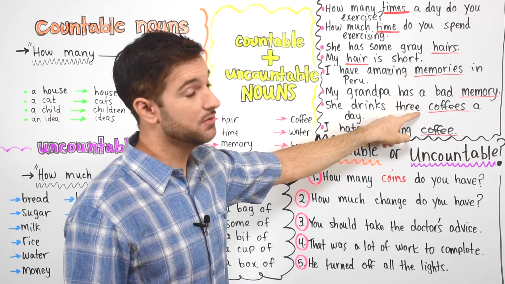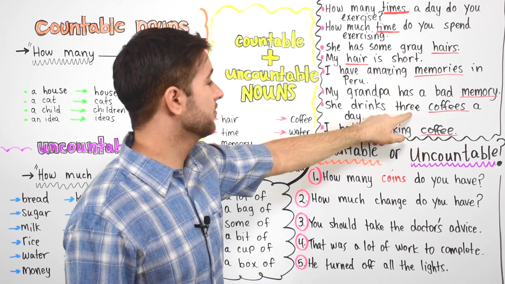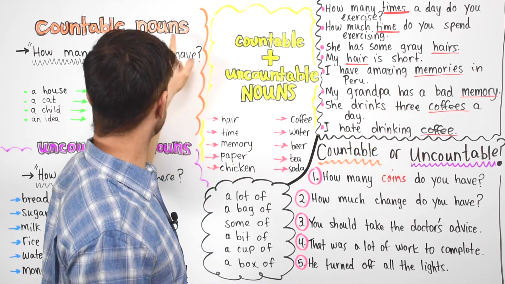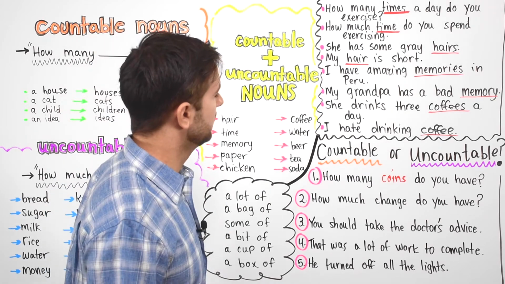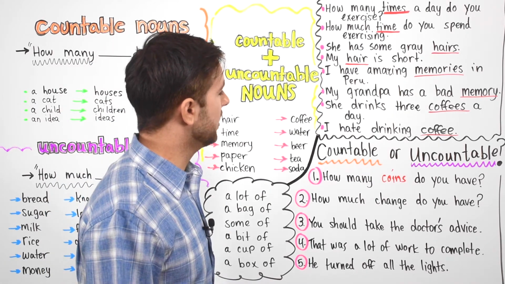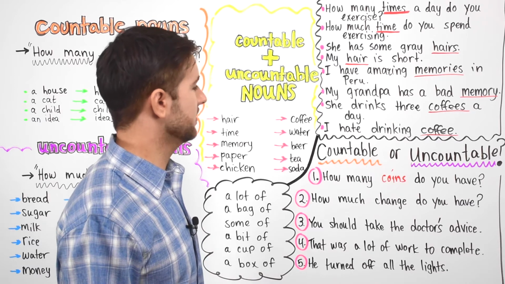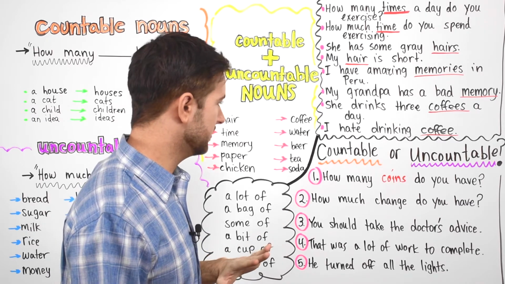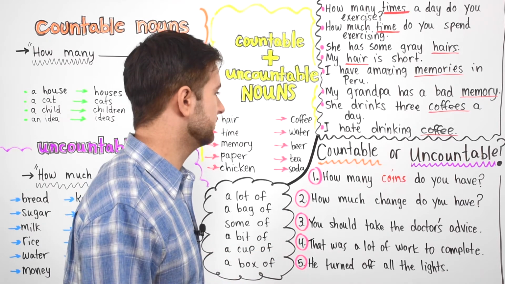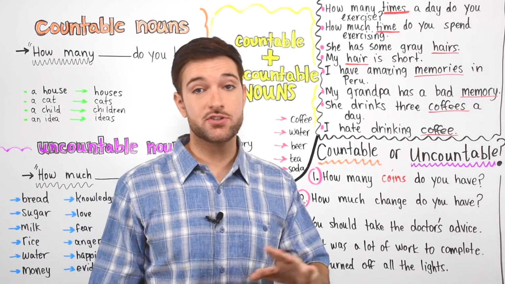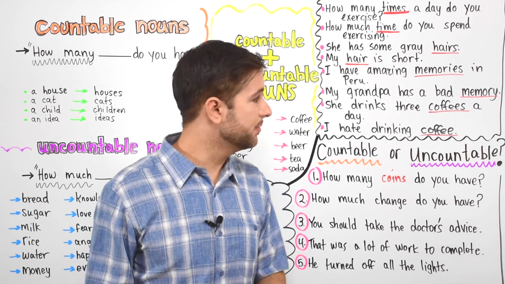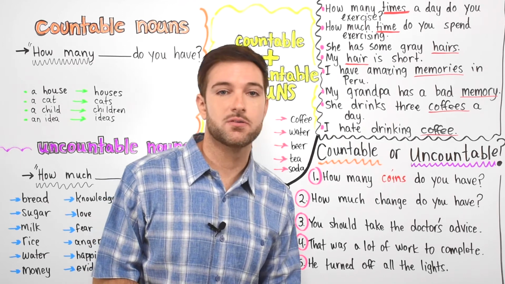If we have a number, we know for a fact it's countable. She drinks 3 coffees a day, versus I hate drinking coffee. Just a general idea. So as you can see, we have a little bit of both here, countable and uncountable.